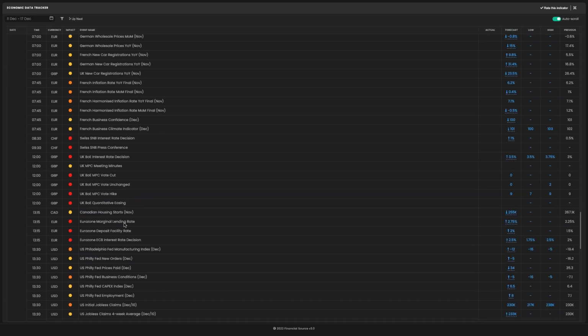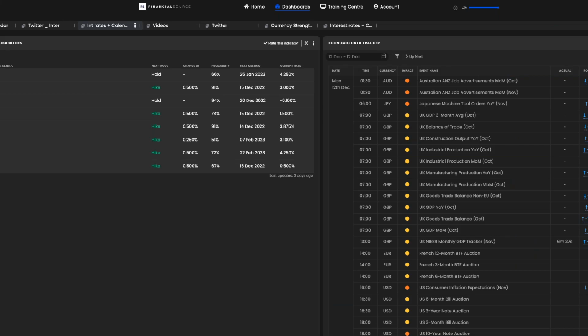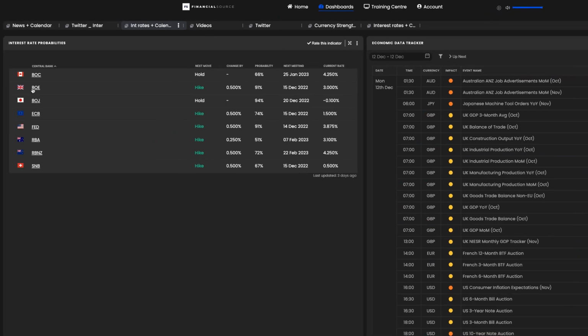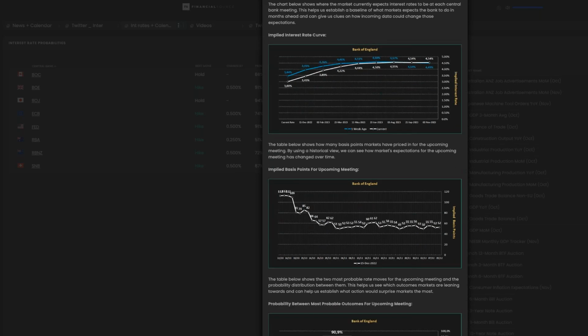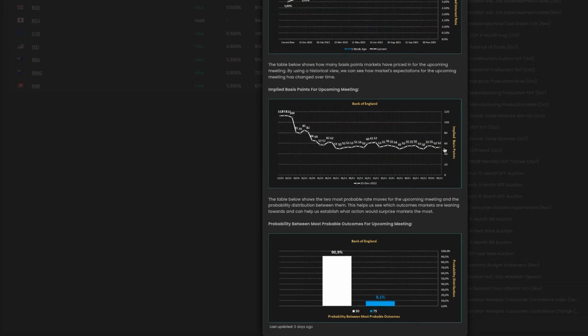Then we have Thursday, the Bank of England interest rate and the ECB interest rate decision. Big day on Thursday. Bank of England are expected to hike interest rates by 50 basis points, and you can see here that markets have been fully expecting a slightly slower path up to around 4.5% in the summer of next year, with this 50 basis point rate hike 90% priced in.